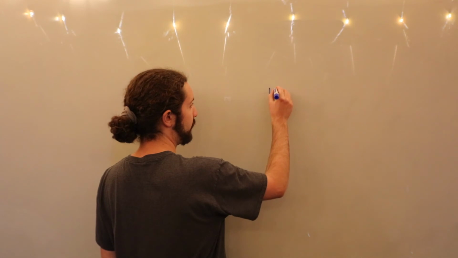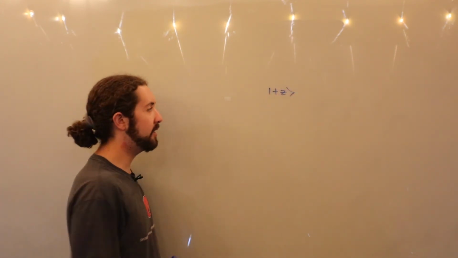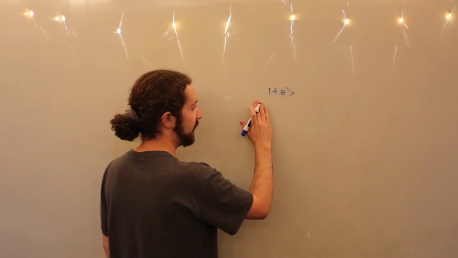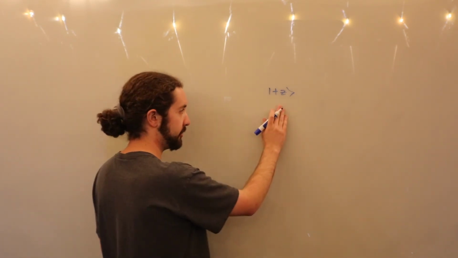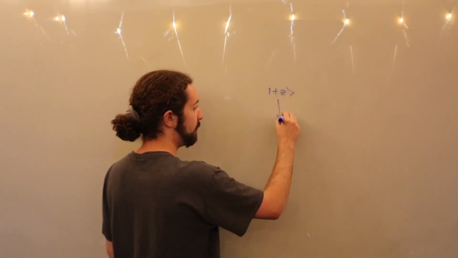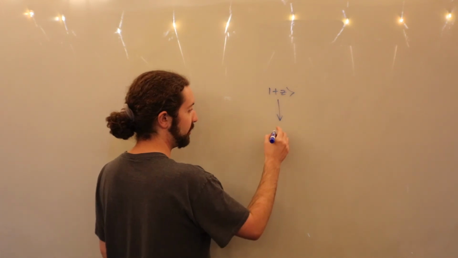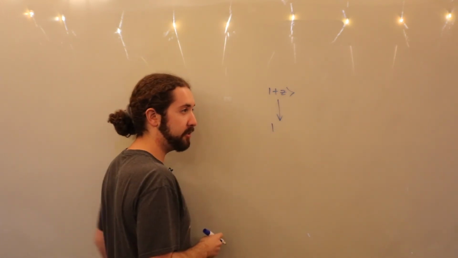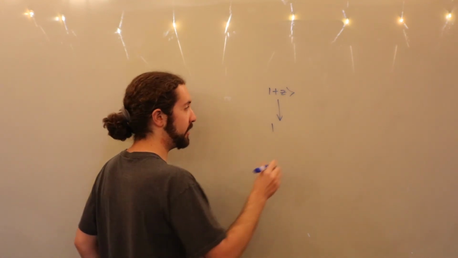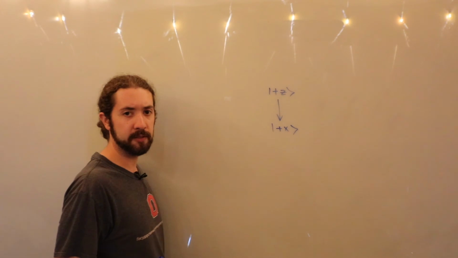So suppose we measured the spin of an electron and found it to be oriented up in the z direction. Suppose then we made a measurement on the same particle right after that, the same electron, and we measured its spin in the x direction, and we found it to be spin up in the x direction.